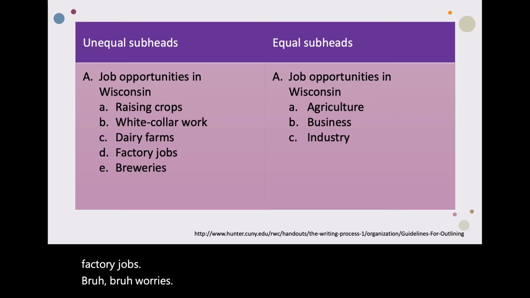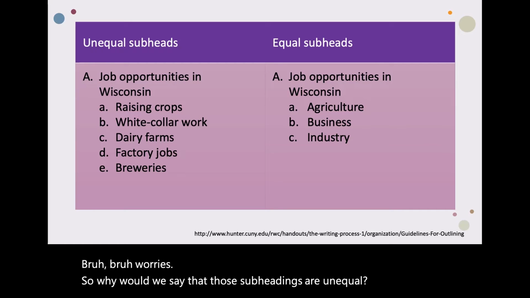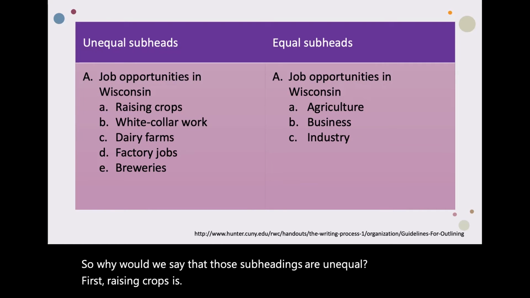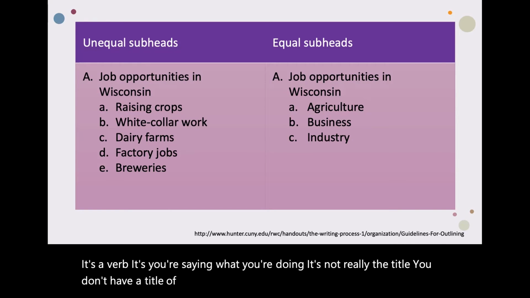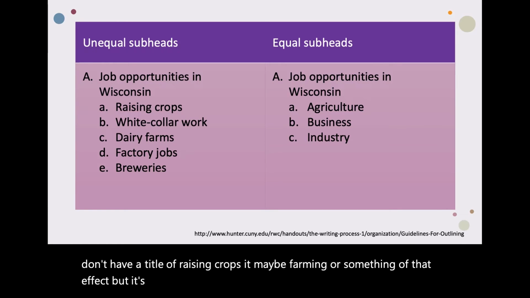So why would we say that those subheadings are unequal? Well, first, raising crops is not really a job. It's a verb. You're saying what you're doing. It's not really a title. You don't have a title of raising crops. It may be farming or something of that effect, but it's very specific.